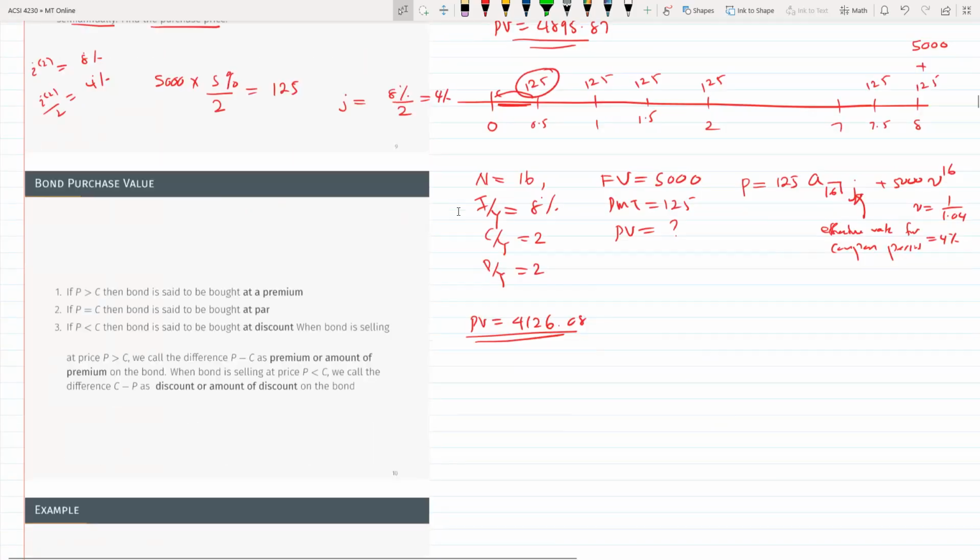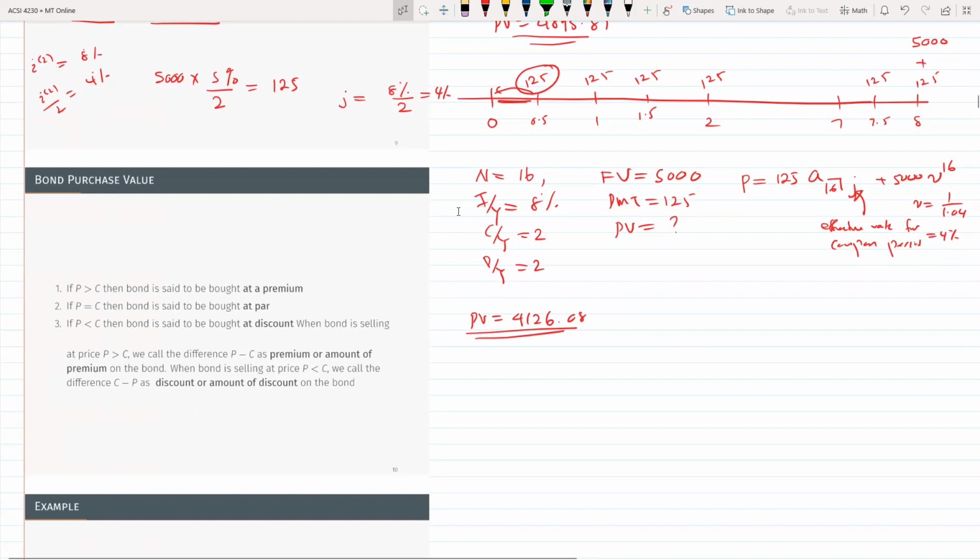Okay, so now you can see this price. For the previous problem, the price is less than the redemption amount. What was the redemption? 5,000.